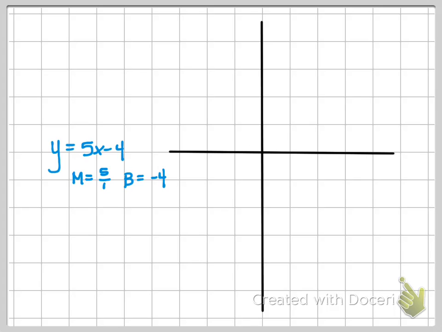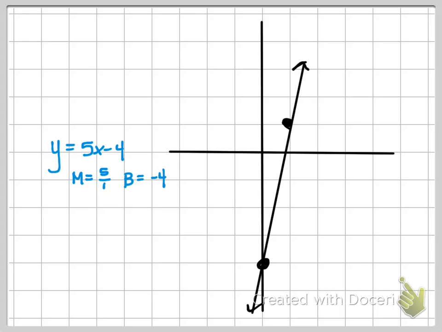All right, x and y. Then I'm going to go down to negative 4 and put my first point, because that's my y-intercept. Then I'm going to go up 5 and over 1. And I'm going to draw my line directly through the 2 points.